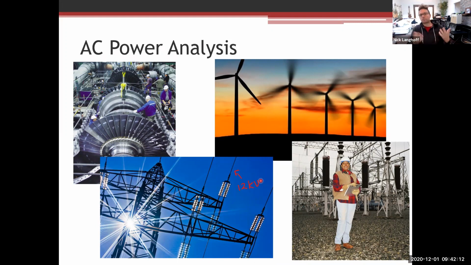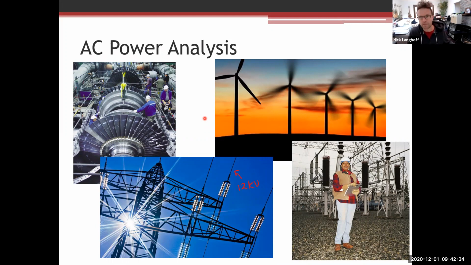So power is generated largely through AC means, right? By turning a coil around a magnet. That's a generator. And that ends up being an AC kind of thing. So power is both generated and transmitted as AC, alternating current.